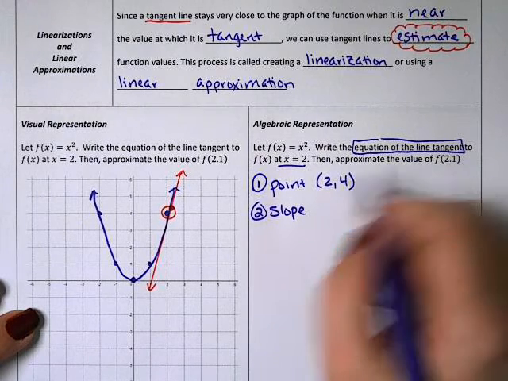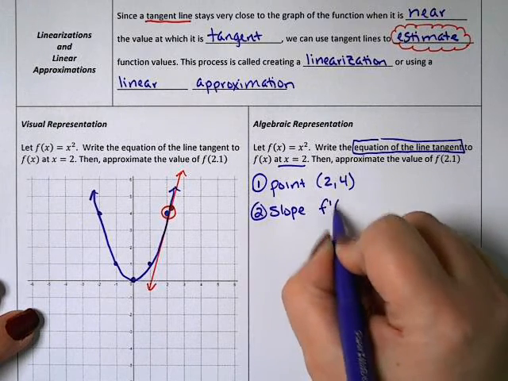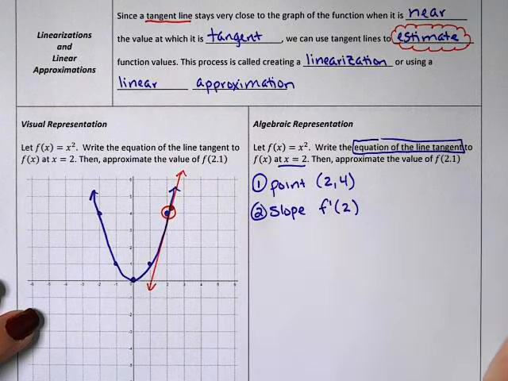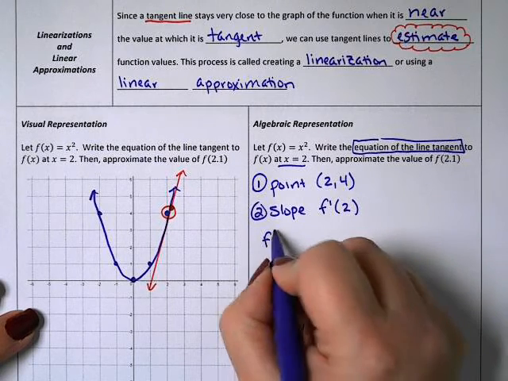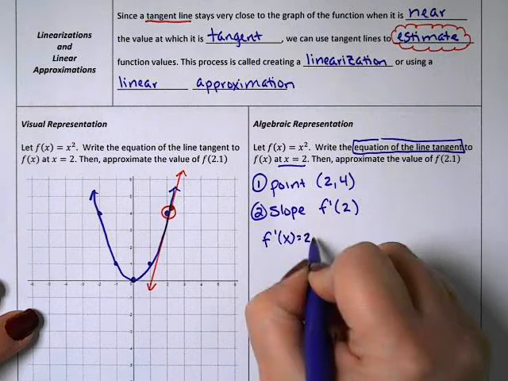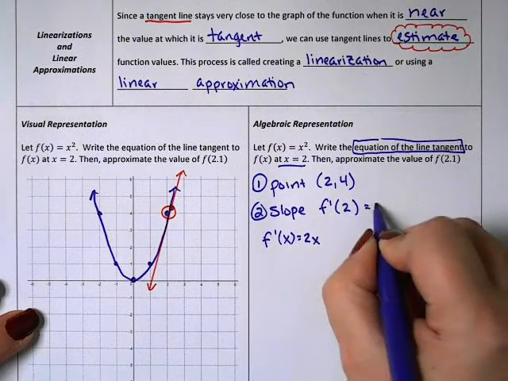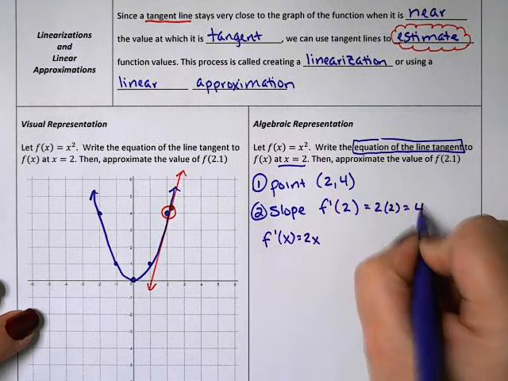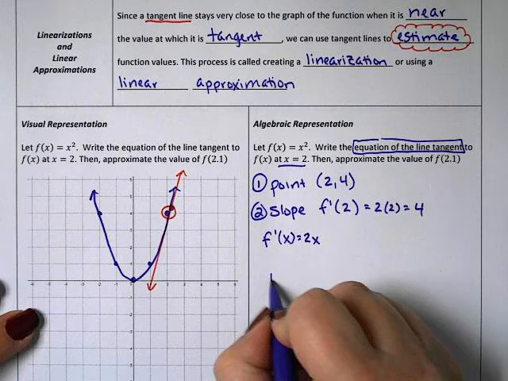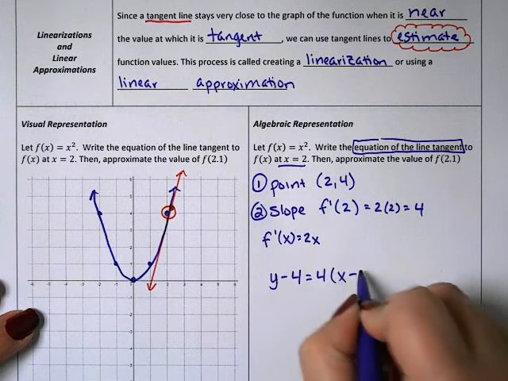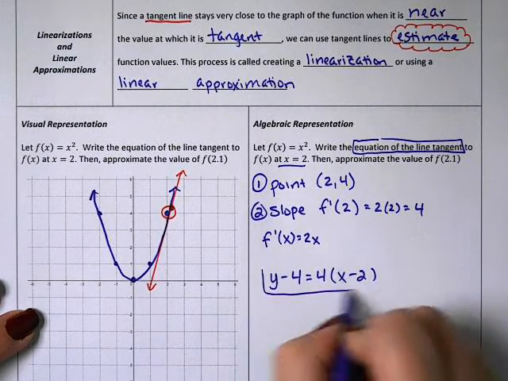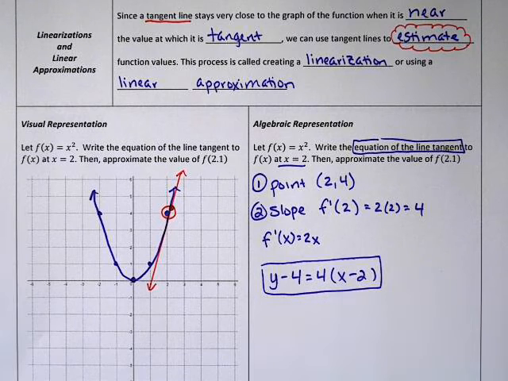The slope of the tangent line means find the derivative and evaluate it at 2. If f of x is x squared, then f prime of x is 2x, so substituting a 2, I get a slope of 4. So my tangent line is y minus 4 equals 4 times x minus 2.